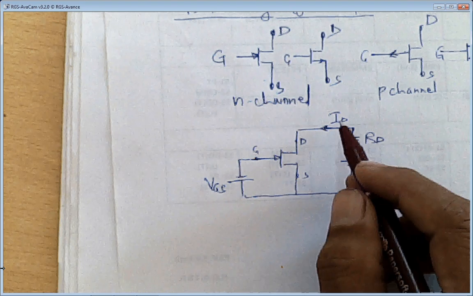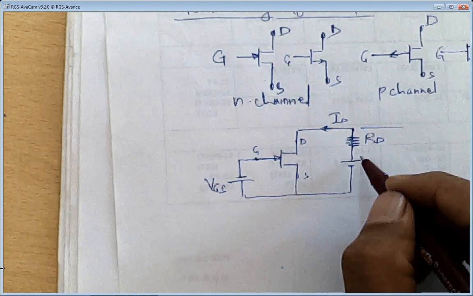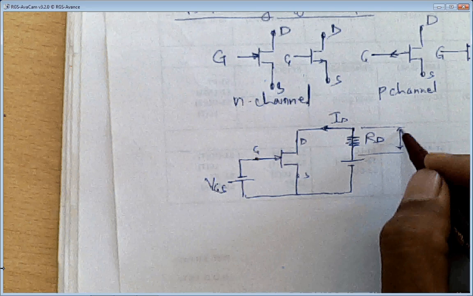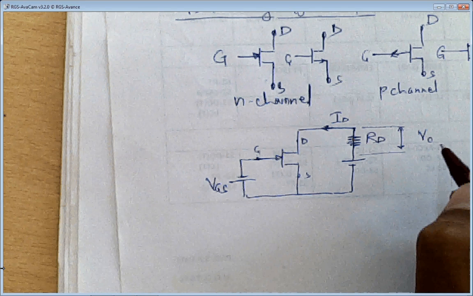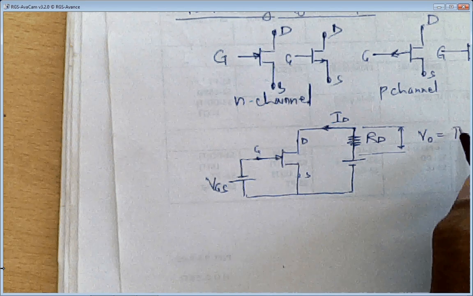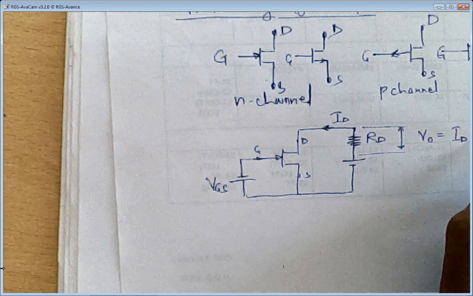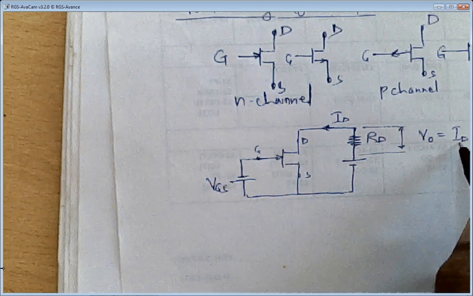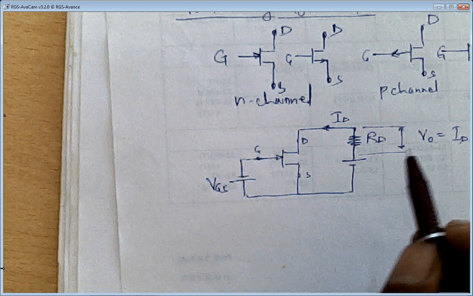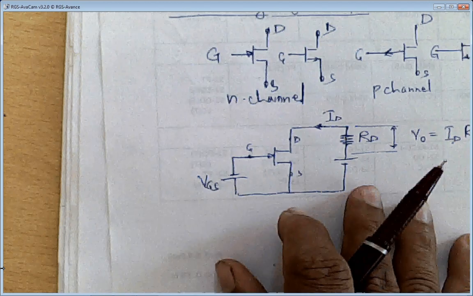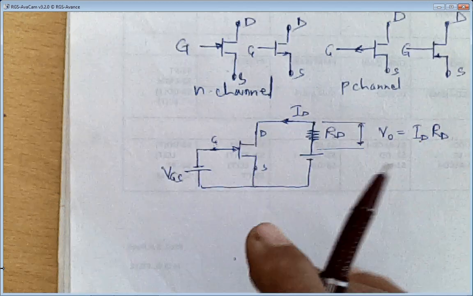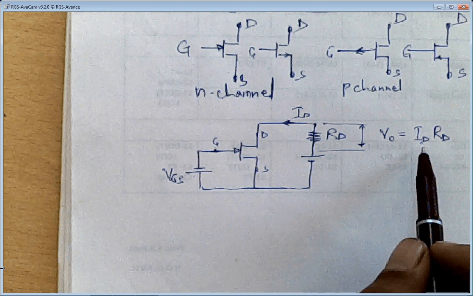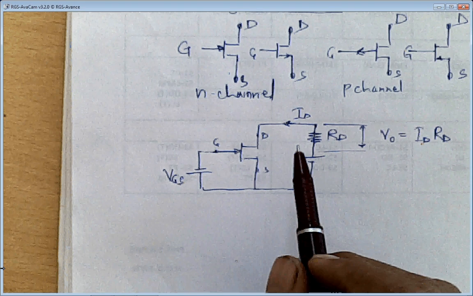So the voltage across RD, which we'll call the output voltage VO, will be equal to ID into RD. But ID is dependent on the input quantity, which is VGS, isn't it? So ID depends on VGS and does not depend on whatever RD you connect.